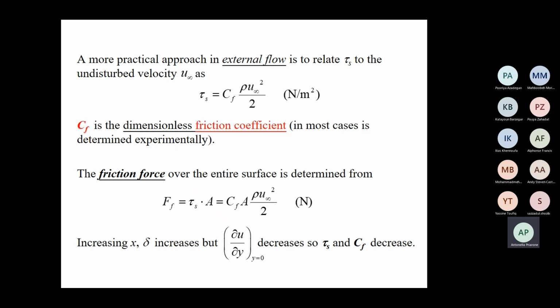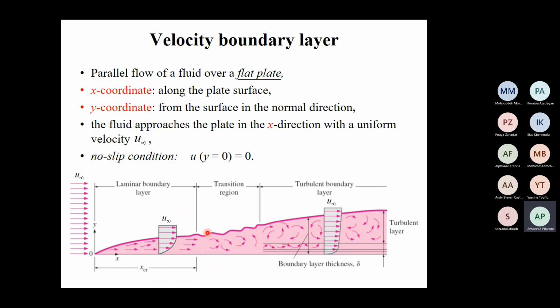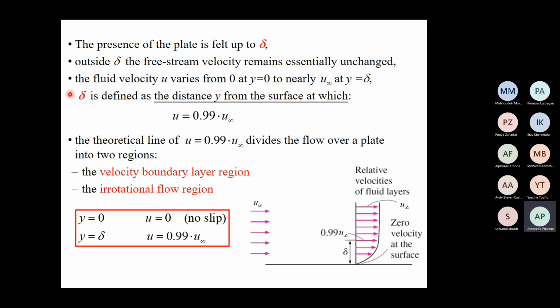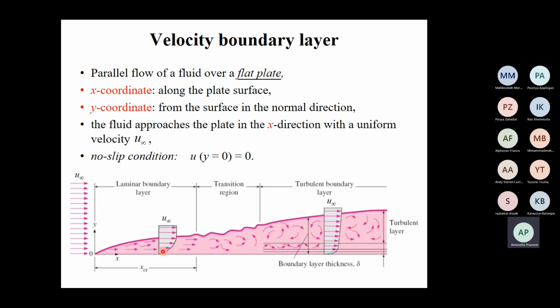If I look at this sketch, if I increase x, moving from the beginning of the plate along the plate, the thickness of the boundary layer increases. The pink zone, which is the boundary layer, increases its thickness, and so also delta increases. Delta is the thickness of the boundary layer. What is the physical meaning of this point?